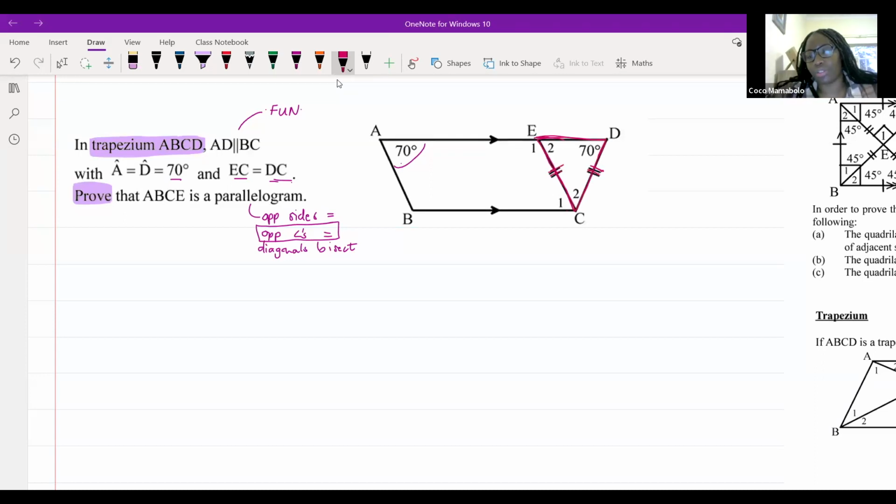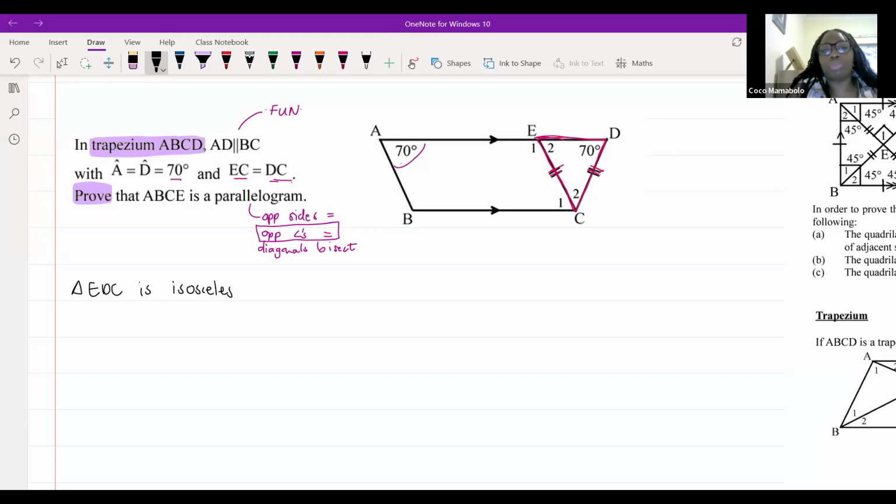Who knows what kind of triangle it is? Isosceles. Absolutely. It's an isosceles triangle. So we can say triangle EDC is isosceles.